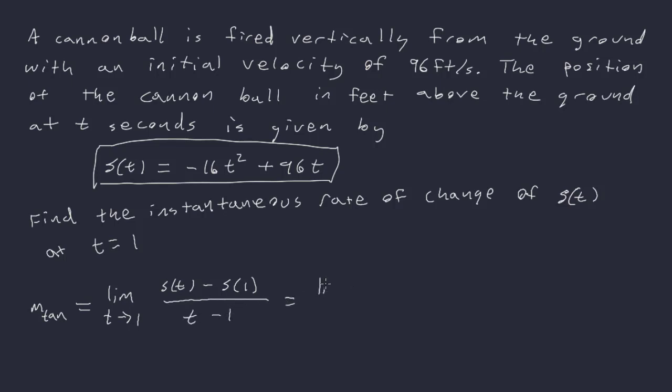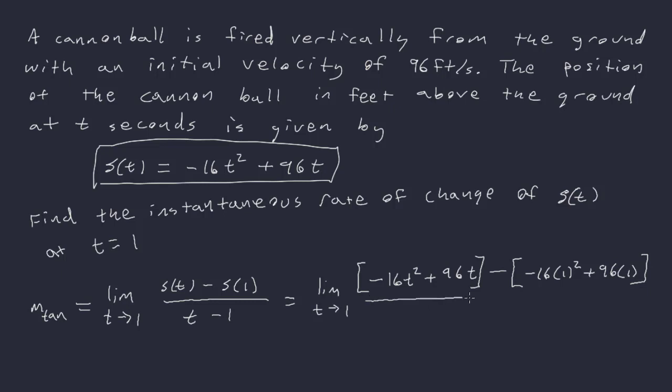So this will be the limit as t goes to 1 of s of t, so really we're just rewriting this negative 16t squared plus 96t here, and then we are subtracting s of 1. So s of 1 is plugging in 1 into both of these. So this will be negative 16 times 1 squared plus 96 times 1, all over t minus 1.